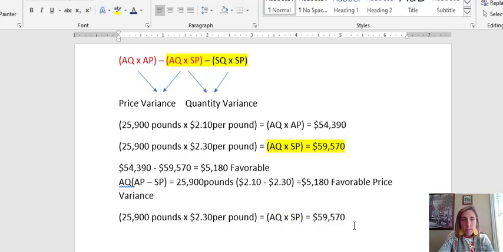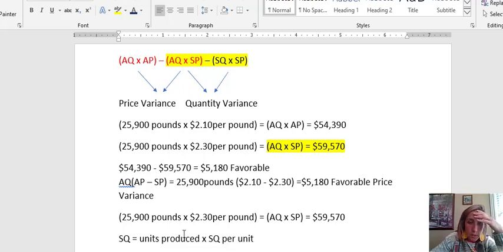The next part of my formula says I need to find the standard quantity and multiply it by the standard price. The standard quantity needs to be in total. So your standard quantity is actually going to equal the units produced multiplied by the standard quantity given in your problem per unit.